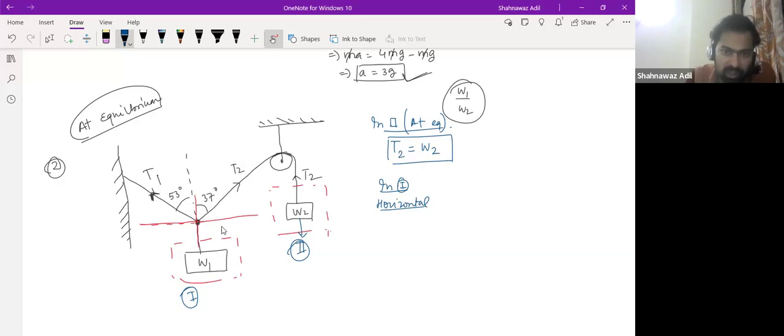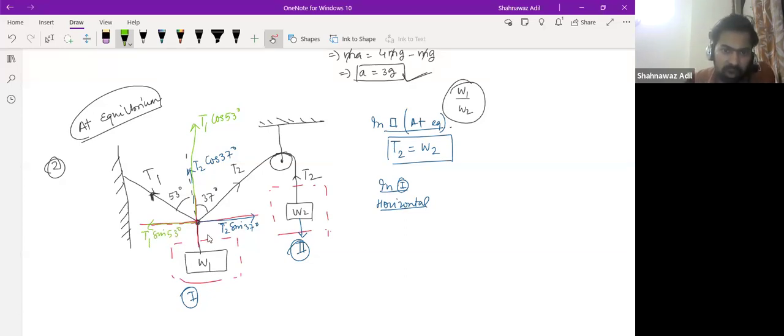What is the horizontal one? So this thing would be how much? T2 sine 37. And this is with the angle. So this is T2 cos 37. And then we have T1 cos 53, and this is T1 sine 53.